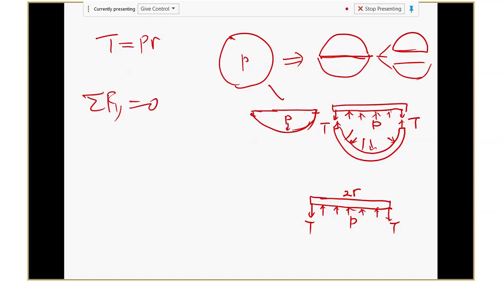What's the area? 2r times the length, that's 1. Right? That's supposed to equal the one that's holding. Or you can say it this way, minus 2T equals 0. Is that correct? For this plate. Now simplify this equation. What do you get? You get T equals PR.